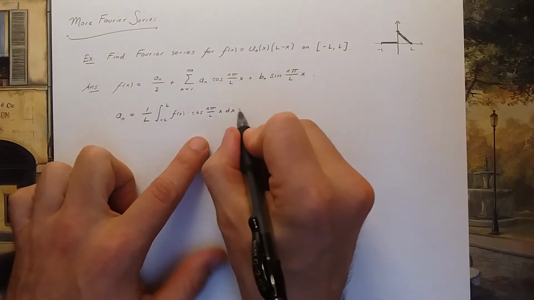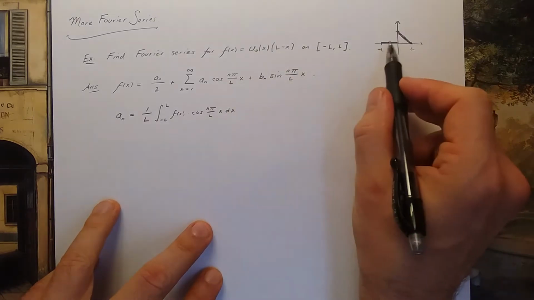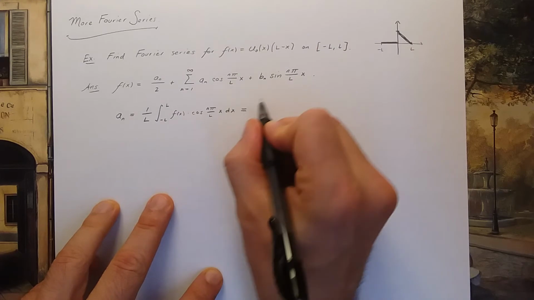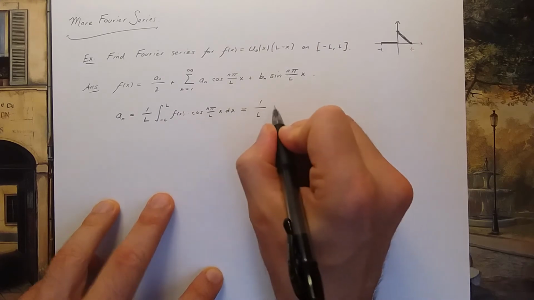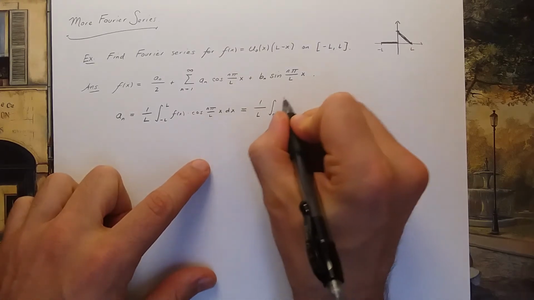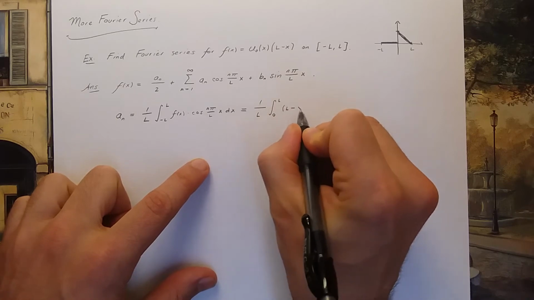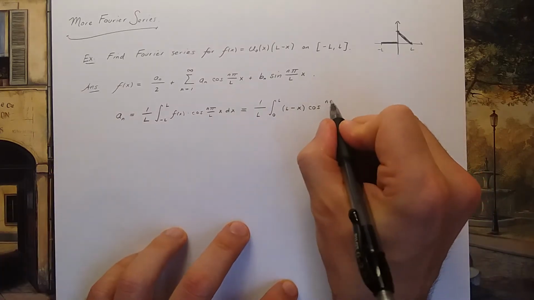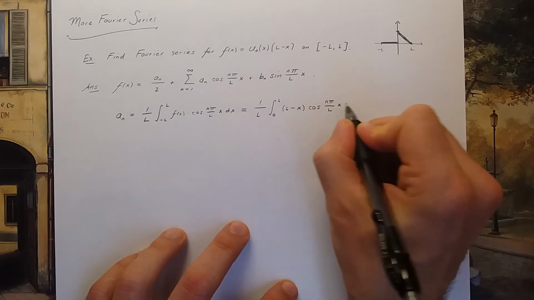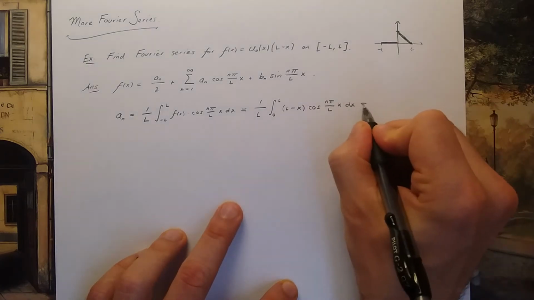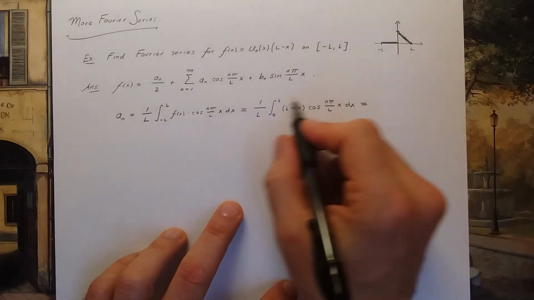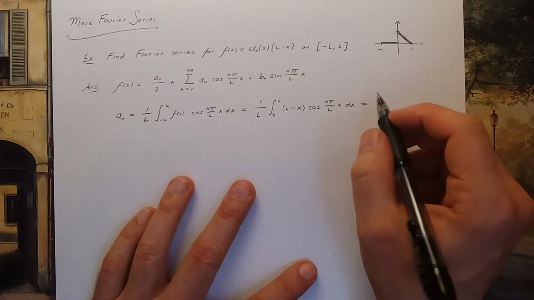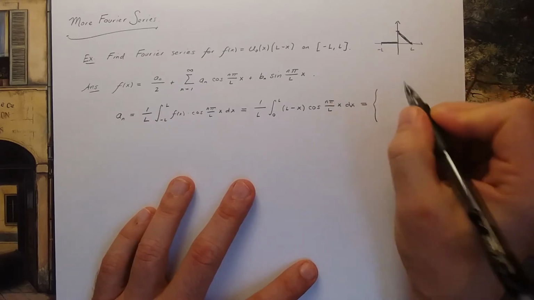Now, this is the unit step function, which is giving me 0 until I get to 0. So that means this integral is really 1 over L, the integral from 0 to L of L minus x times cosine n pi over L x dx. And I integrated this before the video began, and I got the following answer.